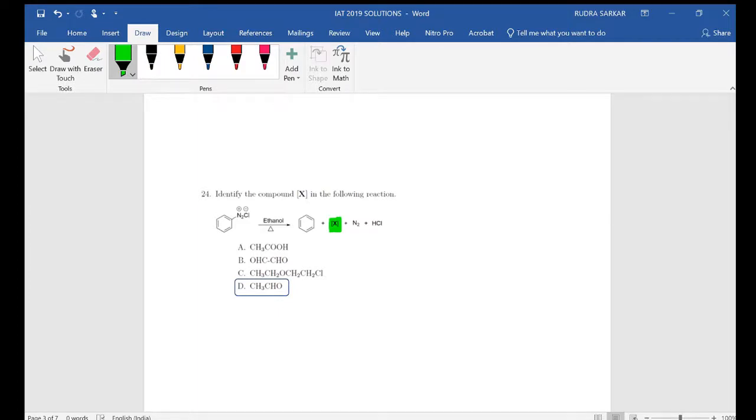So out here we have been given benzene diazonium chloride, which is N2+ Cl-, and we have been given ethanol, and it is forming benzene, and it is saying it is also forming X.